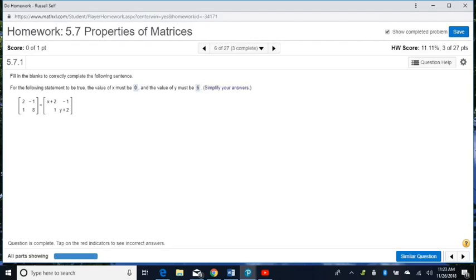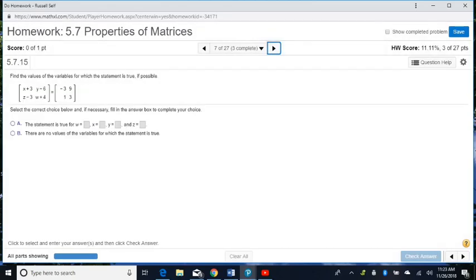Let's see what's next. Okay, fill in the blanks. Exactly the same thing. Make sure you just take the right ones, put the right, and solve the ones that you could have variables and not. Now this one, all of them have variables, so you can solve them all. So let's just do the first one again, just to kind of show you what's going on. So the first thing is x plus 3, and that has to equal -3, right? So x plus 3 has to equal -3.